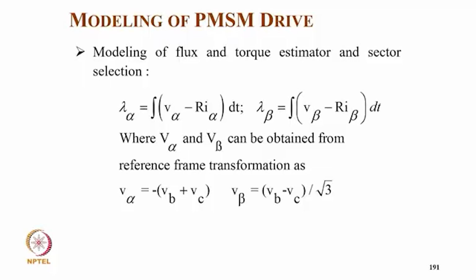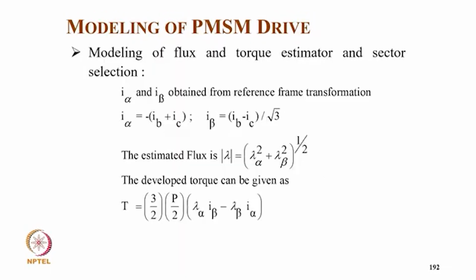Now coming to modeling of the flux estimator and selection table, lambda_alpha equals the integral of (v_alpha minus R i_alpha) dt, and lambda_beta equals the integral of (v_beta minus R i_beta) dt, where v_alpha and v_beta can be obtained from reference frame transformation as v_alpha equals minus v_b plus v_c, and v_beta equals (v_b minus v_c) by root 3.